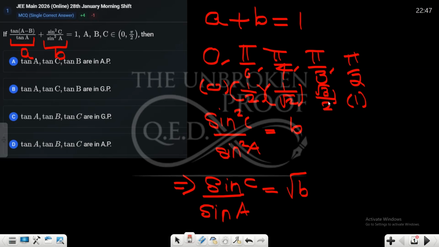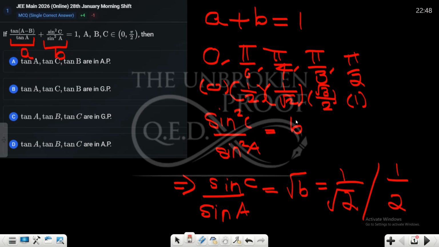Now there is a ratio of sines, and if this is equal to root b, then one possible case is where b can be maybe 2. Maybe b can be 1 by root 2, that can be a possible case, or even 1 by 2 is also possible.